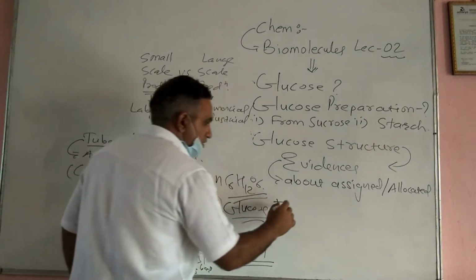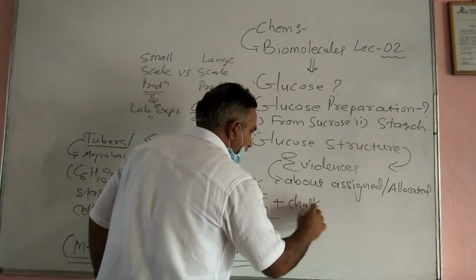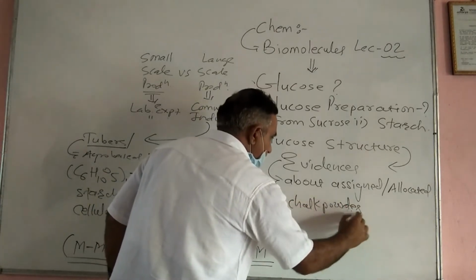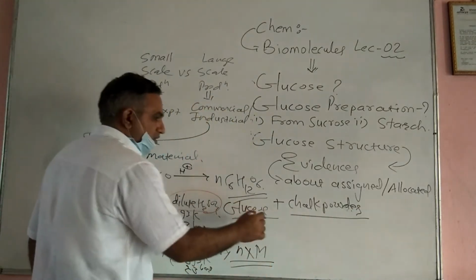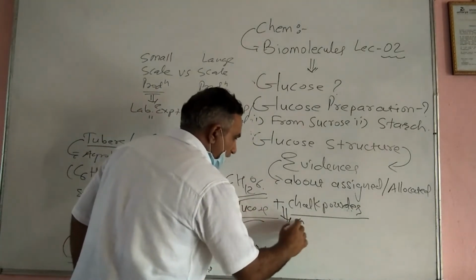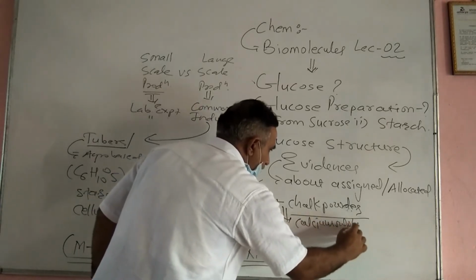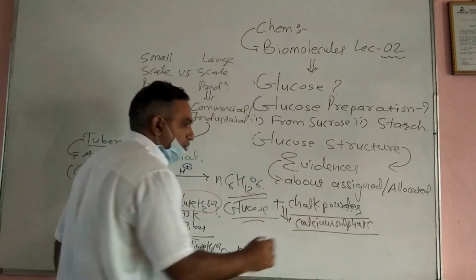क्या करेंगे आप पहले इसके साथ, you have to add the chalk powder, then what happens as a result, here the calcium sulfate precipitate has been formed.